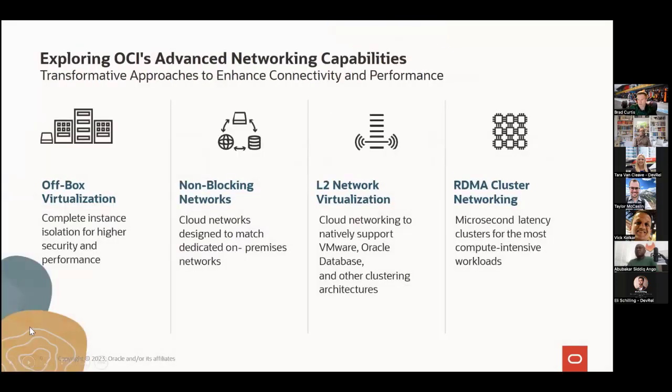So these are some of the networking capabilities within OCI. Off-box network virtualization is something that Oracle came up with in its Gen 2 infrastructure. The idea is that the I/O and network virtualization has been taken off the hypervisor onto its own dedicated hardware.